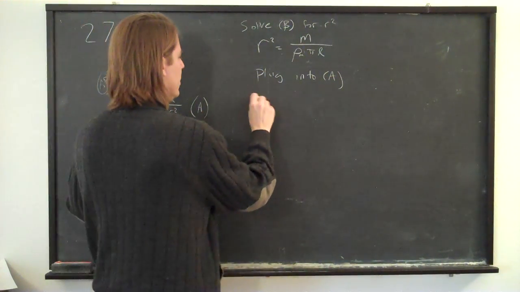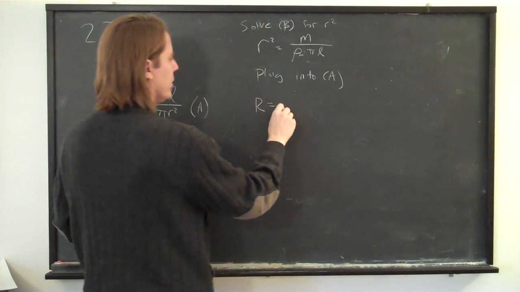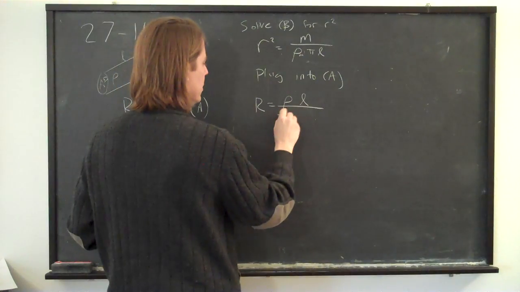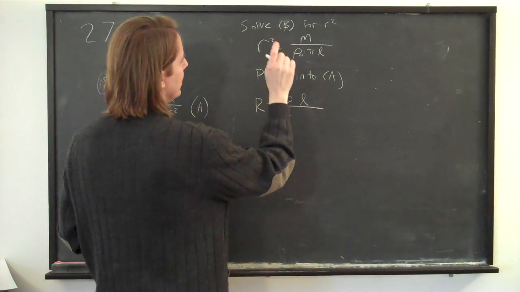So then you would say R equals rho L over pi, and then r squared.